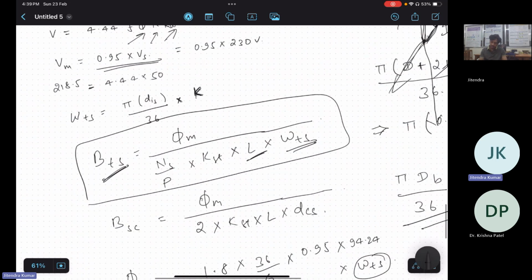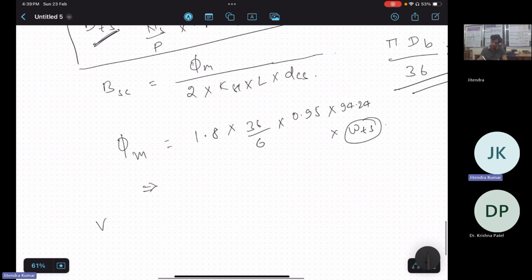So let us calculate. 95% of voltage is equal to 4.44 F phi m T KW.